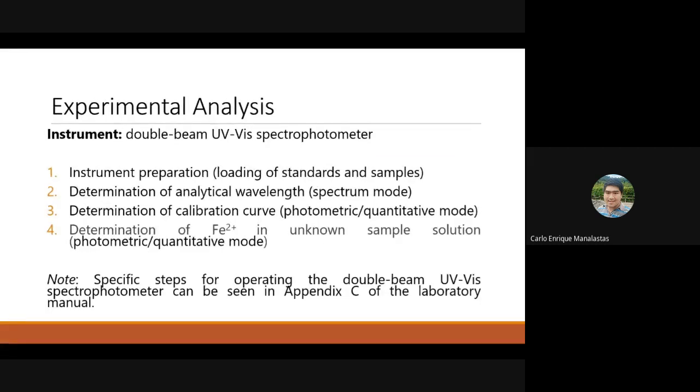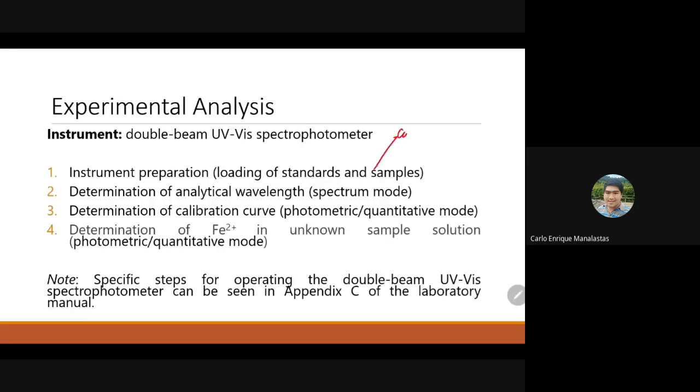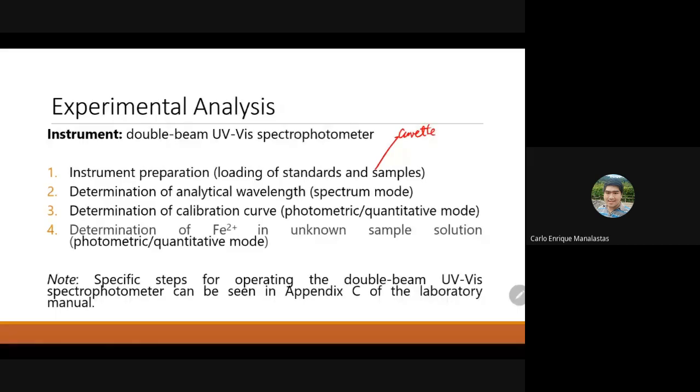For this experiment, you will be using the double beam UV-Vis spectrophotometer. So you should know how to prepare the instrument. Your instructor will be the one to prepare the instrument, but you should know how to load your sample and standard solutions using the cuvette into the UV-Vis instrument.